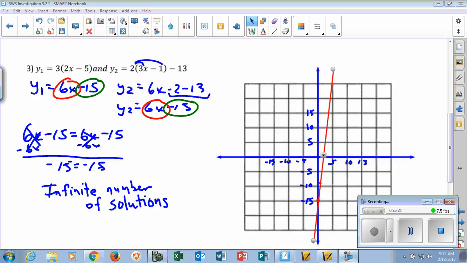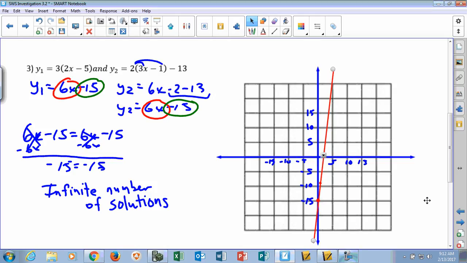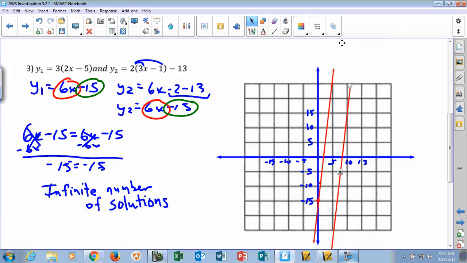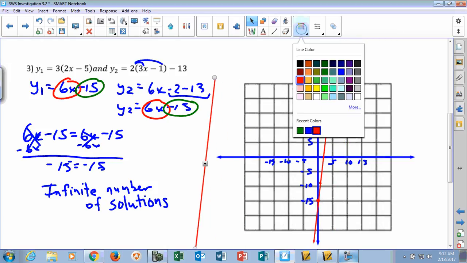Okay, so there is our first graph. So let's say I want to take my, I don't think it worked. Clone, there we go. All right, so this line is going to be my other line.